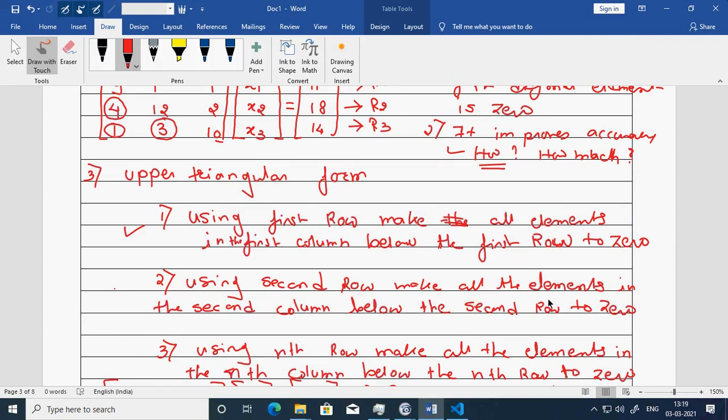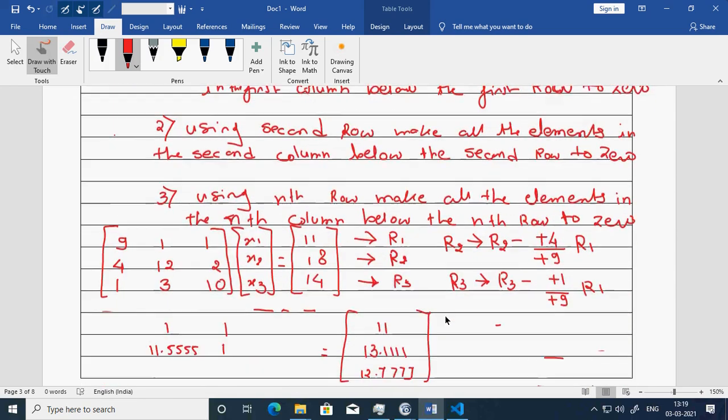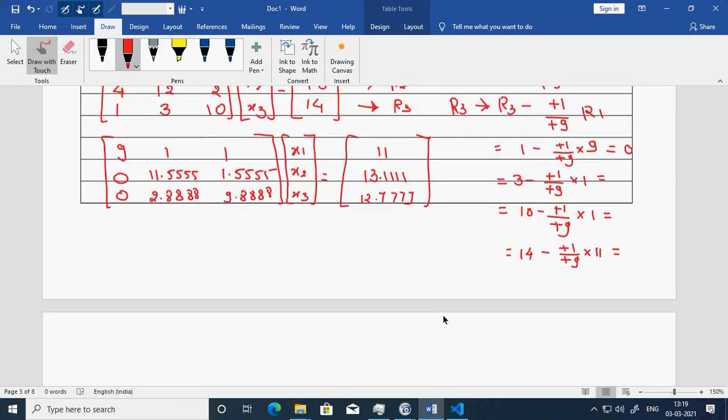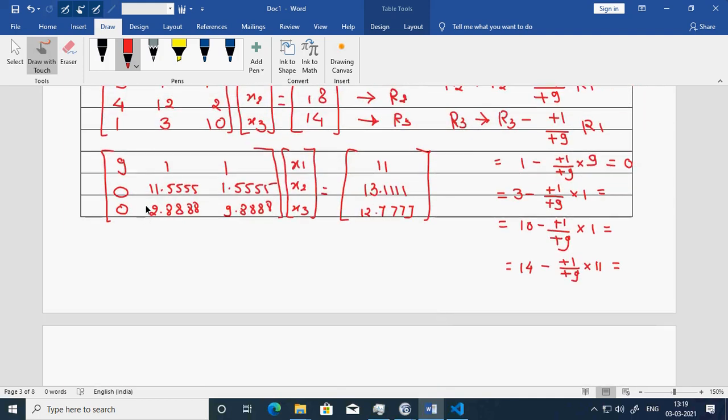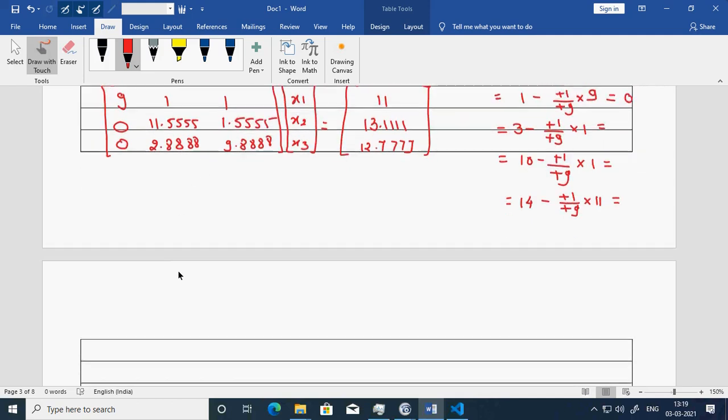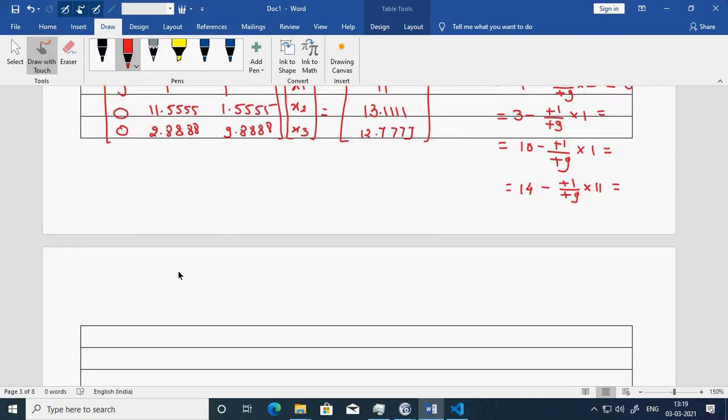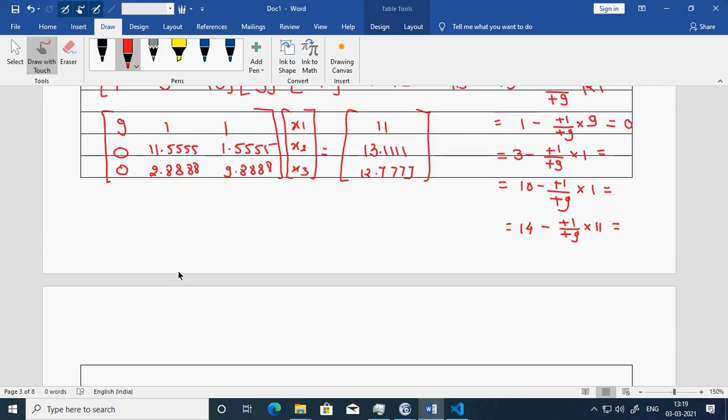So now using second row, make all the elements in the second column below the second row to 0. So this is the second step is required because I want to also make this element 0. Okay, so I keep this here or it will go. Okay, so I just rewrite it again.